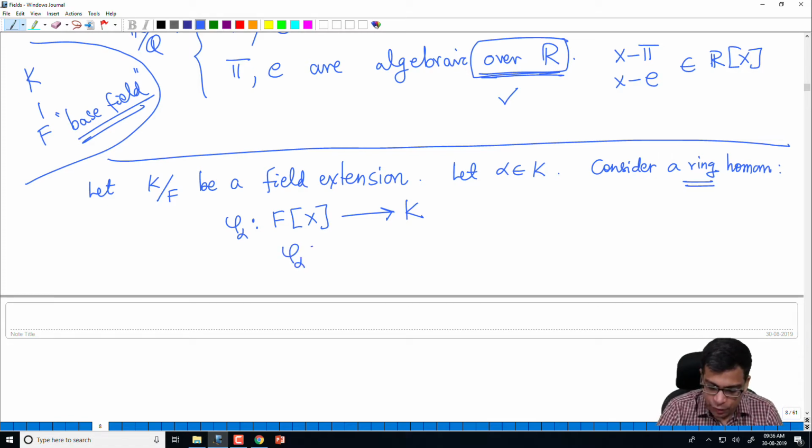And what is phi alpha going to do? It is going to take a polynomial and evaluate that polynomial at alpha.